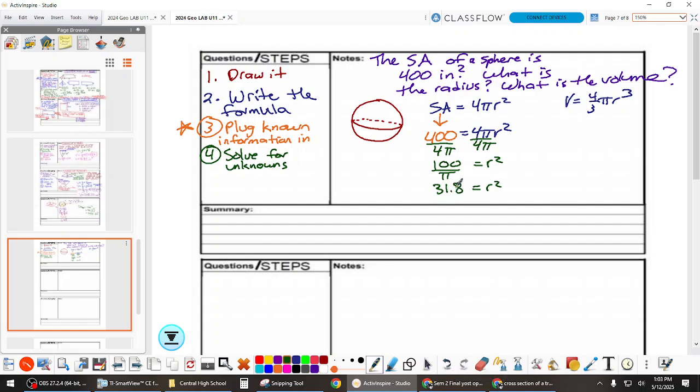Let's do 31.8. And then how do we get r by itself? Square root both sides. And Bailey, what's that? It's 5.6. So we have the radius, and now how do we find volume?